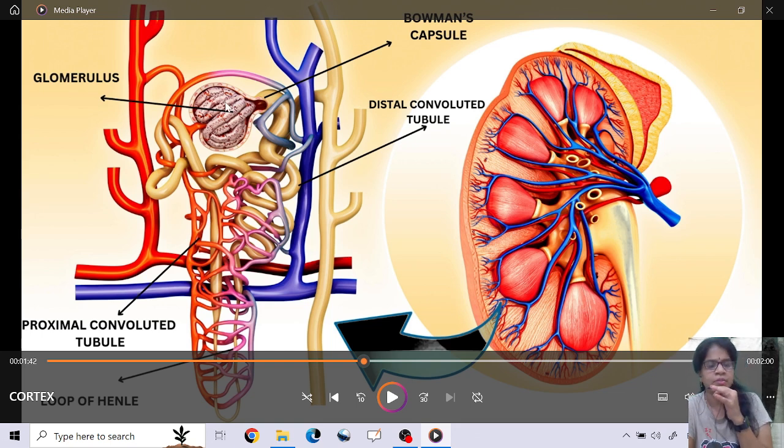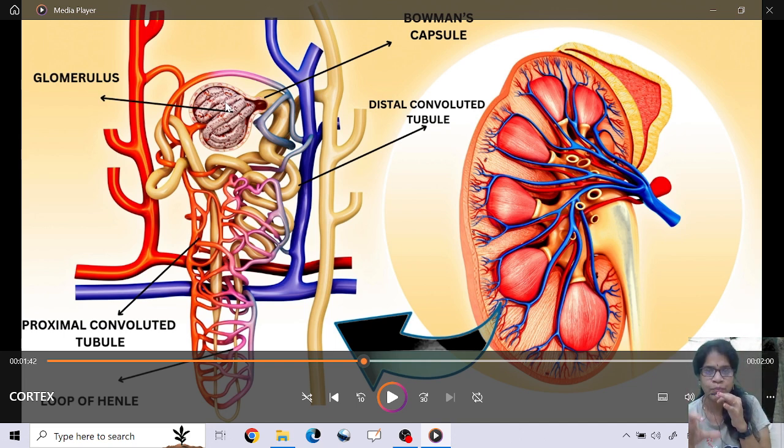What is glomerulus? If you come across a term like glomerular filtration rate, what does that mean? When you go for a blood sample test to check your creatinine, what is creatinine? Creatinine is a waste product that has to be purified by the kidneys. If a person has more and more creatinine in their blood, it says that the kidneys are not functioning well.